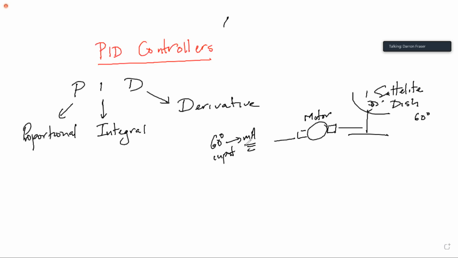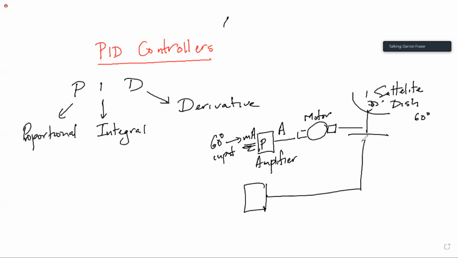But milliamps cannot run the motor. So therefore, we have to have an amplifier that's going to convert to amps, and then we're going to have a feedback. So it's going to be a potentiometer, and the potentiometer, so let me remote here again. It's going to feedback.